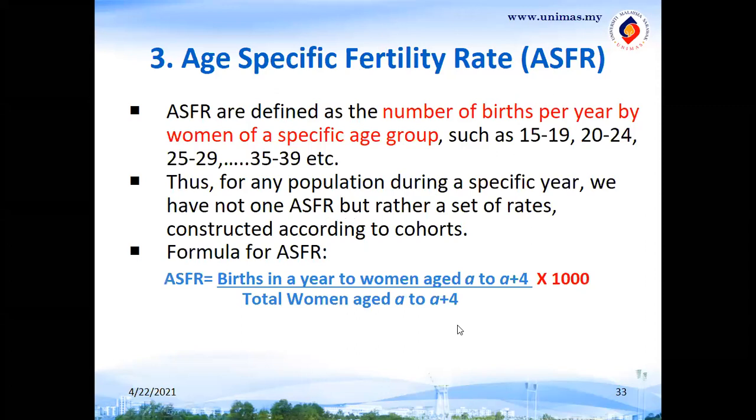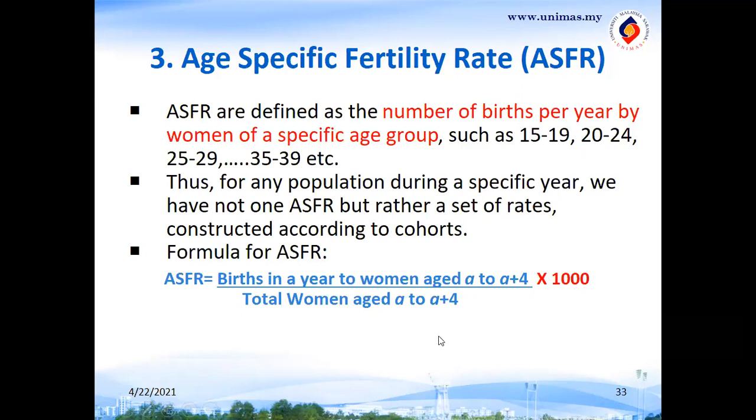So the calculation is: we have the number of births in a year to women of that particular age group. For example, I put here A to A plus 4, like the earlier example, 15 to 15 plus 4, which is 15 to 19.